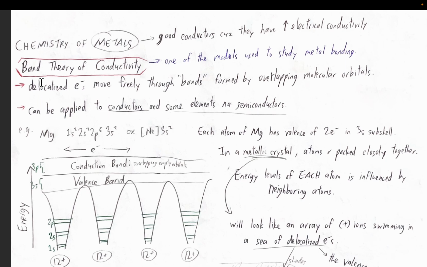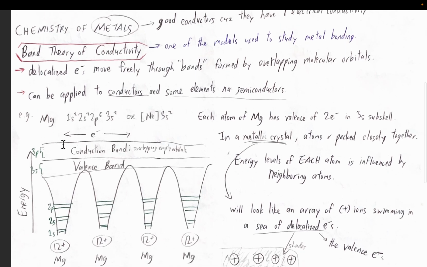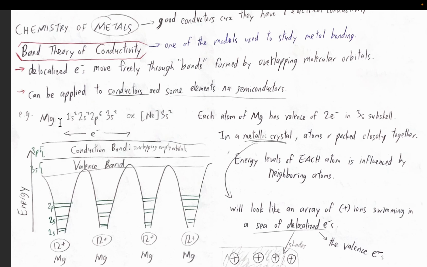Okay, this can be applied to conductors and just some elements that are considered semiconductors. An example that we're citing here is that of magnesium. We have its electron configuration here, as well as its configuration expressed in terms of neon.